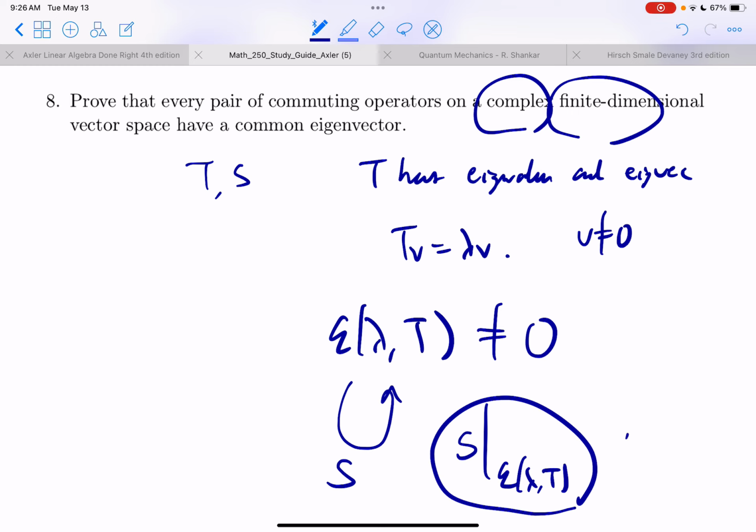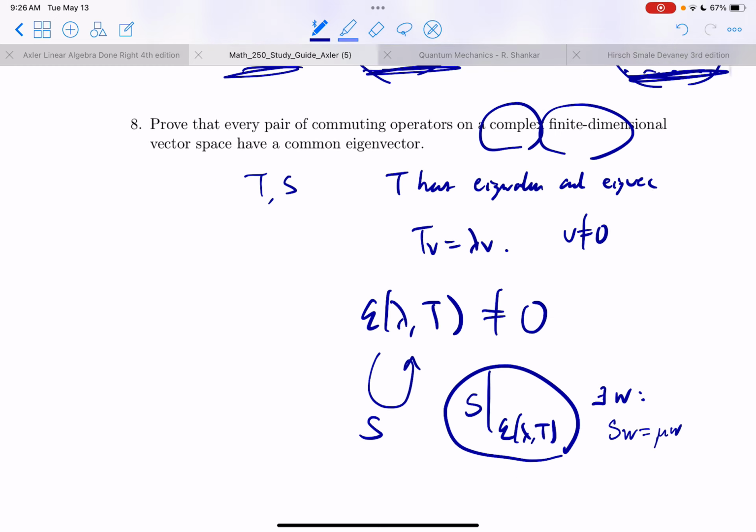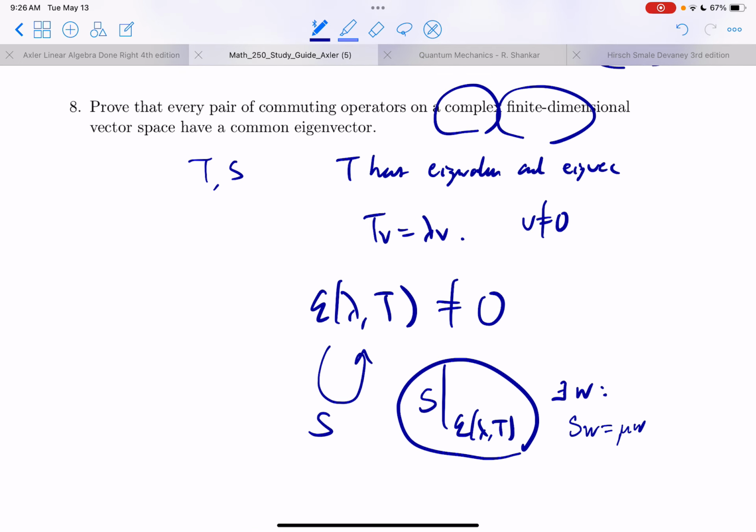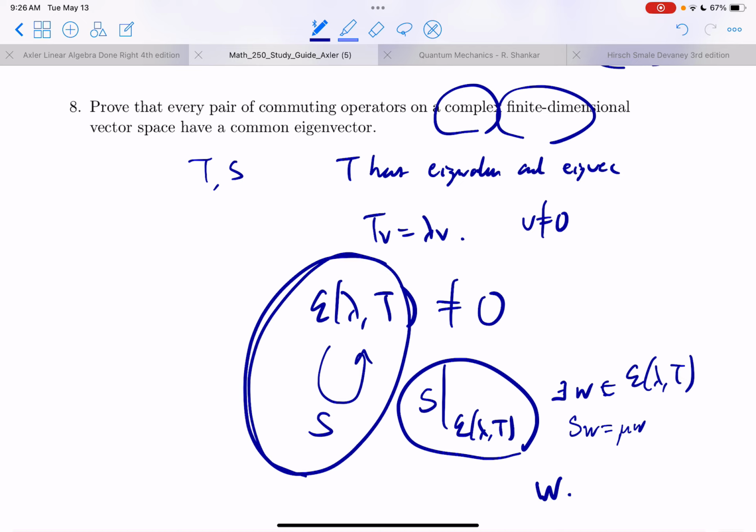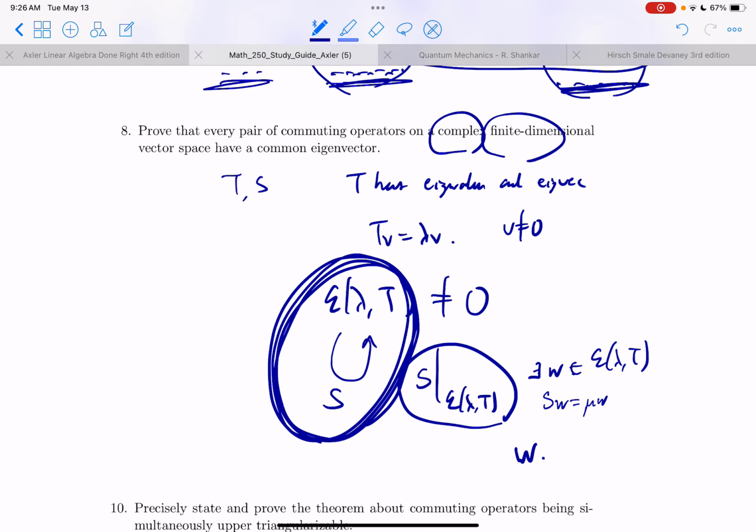It has an eigenvector. There exists a W such that SW equals mu W. Right? And so there we go. And W is in this lambda eigenspace. So W is your answer. Okay, and again, we use the invariance of the lambda eigenspace of T under the commuting operator S.